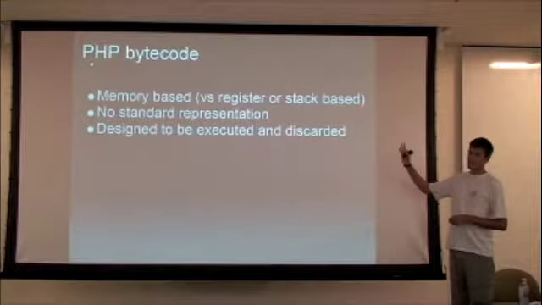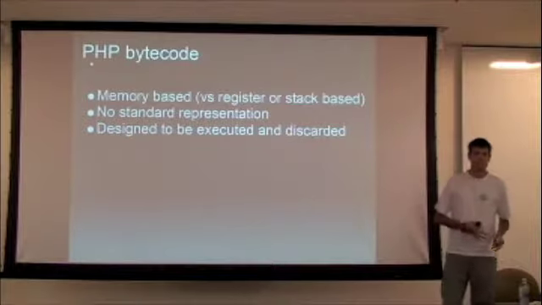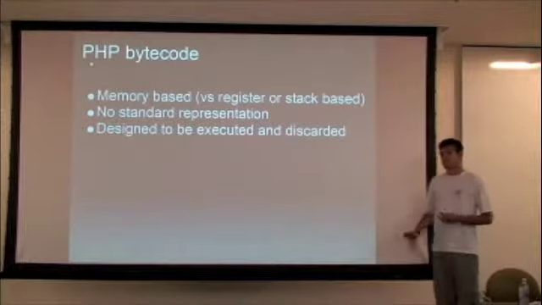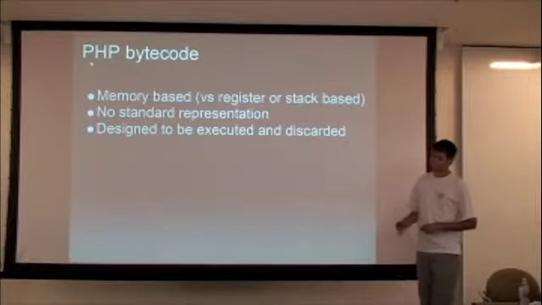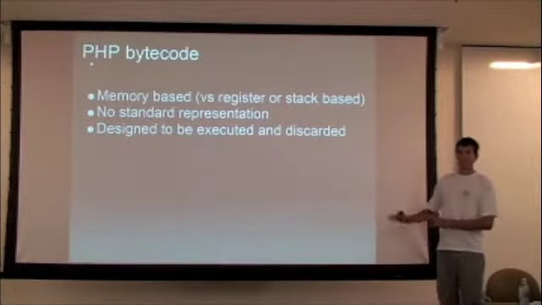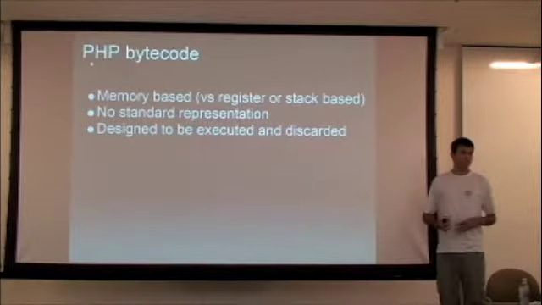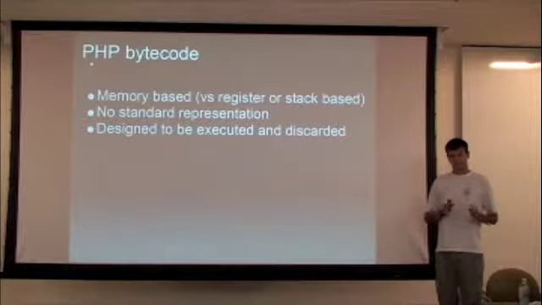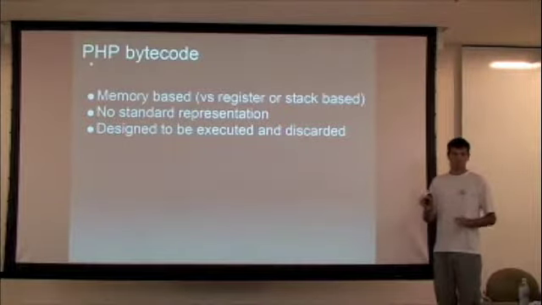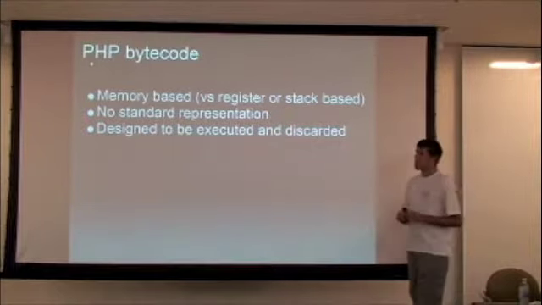It is designed to be just executed and then thrown away, and that's why it is memory-based. If it were register-based, it would have to perform some register allocation pass. This way, it's much simpler. The problem is that this poses some problems for our JIT compiler and for bytecode caches, because you can't share a bytecode array between the processes, because it has references to specific memory locations.